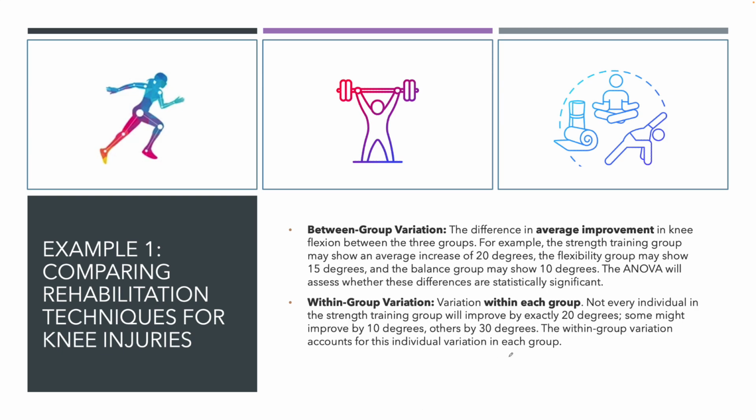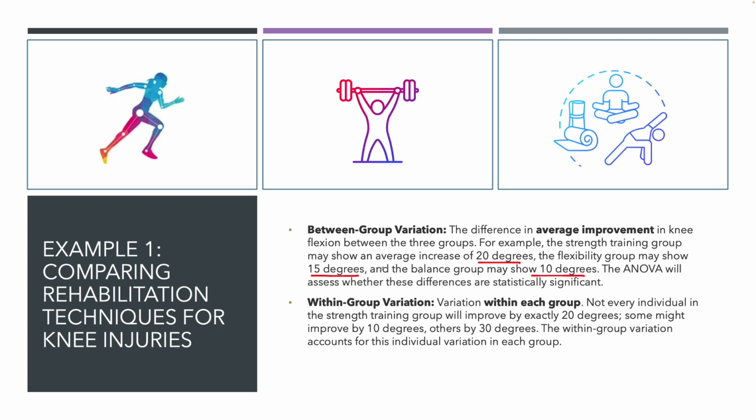And the difference between groups, between this and this, the difference is in the average improvement in knee flexion between the groups. So I want to look at, for example, the strength training group may show an average increase of 20 degrees. The flexibility group may show an average increase of 15 degrees, and the balance group may show an average increase of 10 degrees.